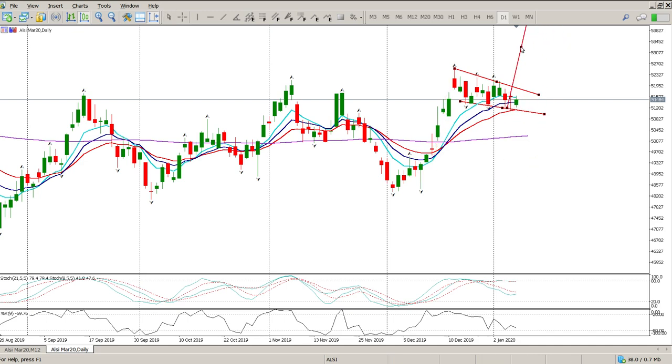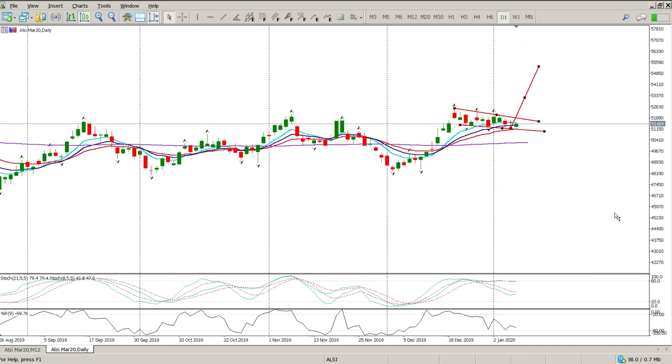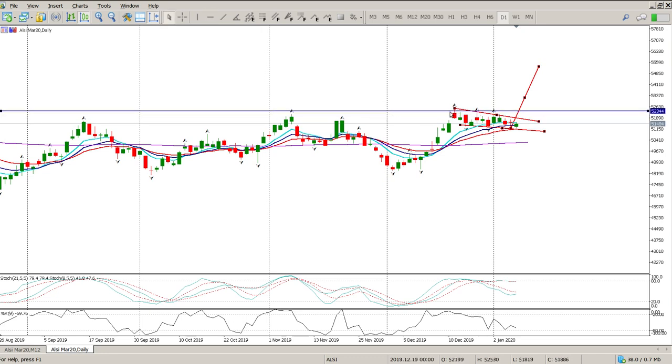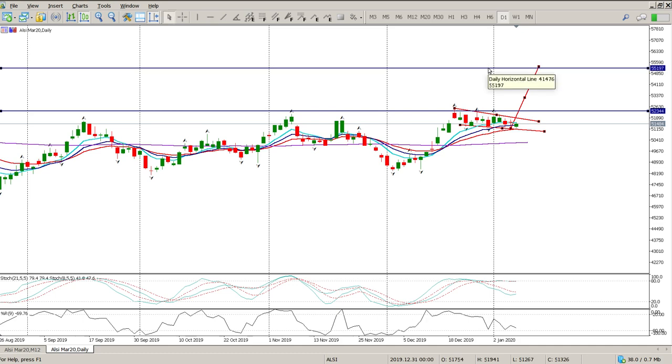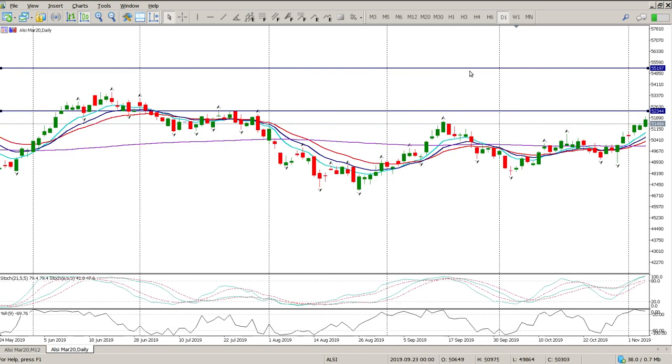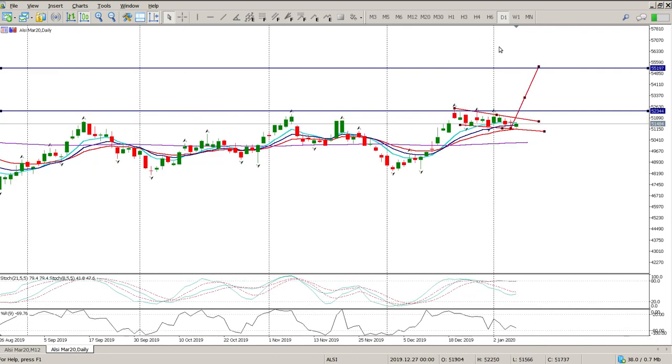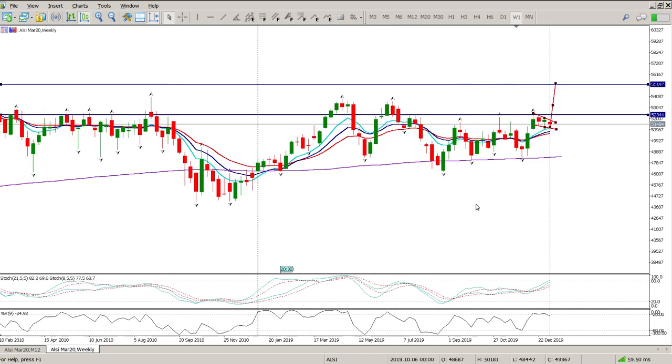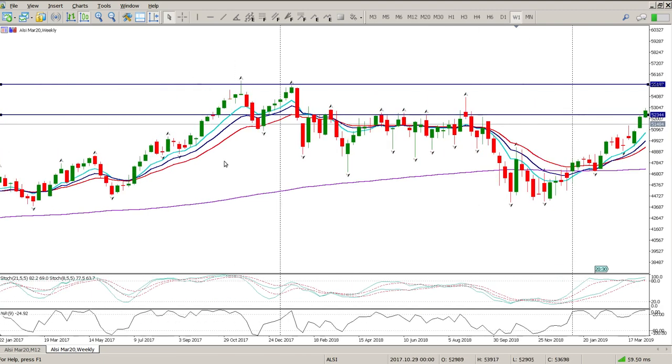Essentially what we're looking for is a break above the whole flag, 52344, and that is going to open the way to 55197. Let's see where the previous all-time highs are. That's pretty much the previous all-time high.